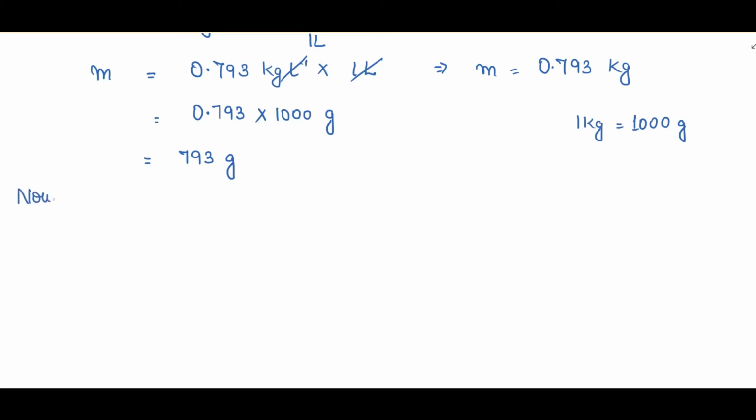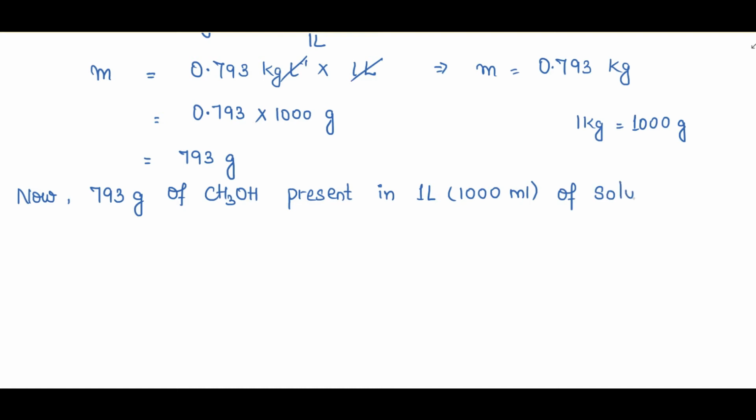So you can write now 793 gram of methanol present in 1 liter of solution. So 1 liter is equal to 1000 ml of solution, right?